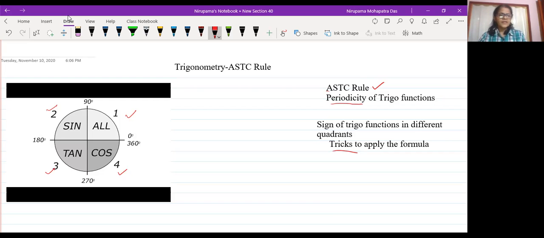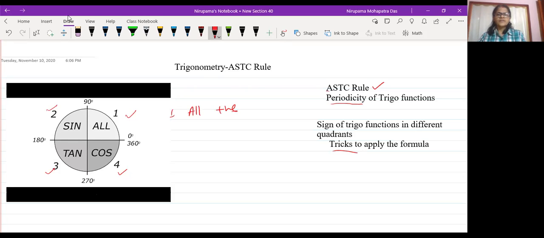As I said, here I have written all sine tan cos. So it means in the first quadrant, all trigo ratios are positive. First quadrant, all positive.